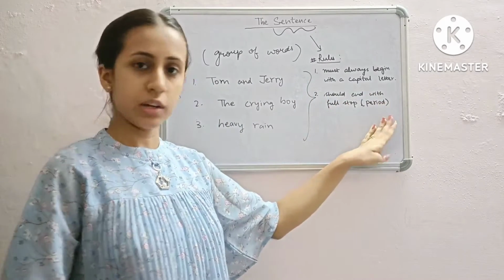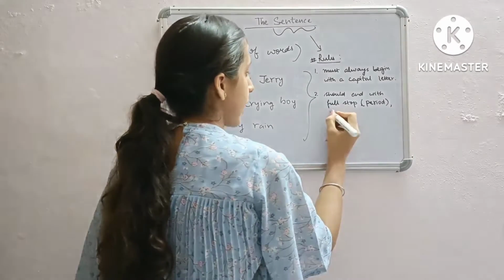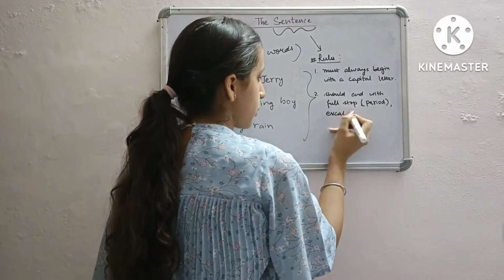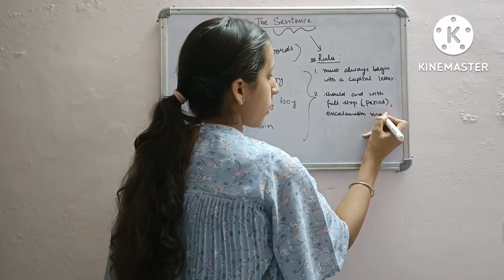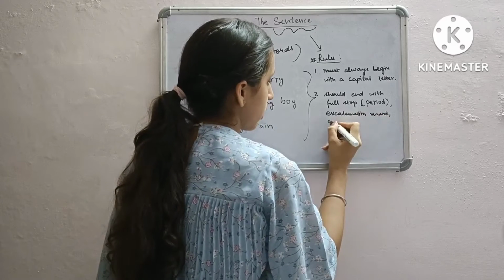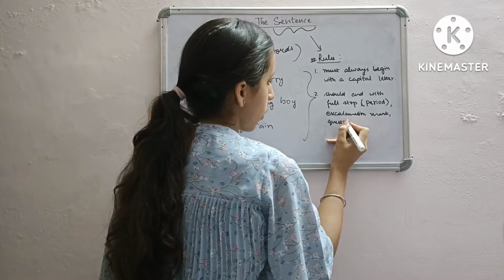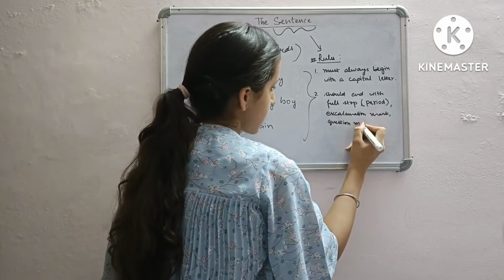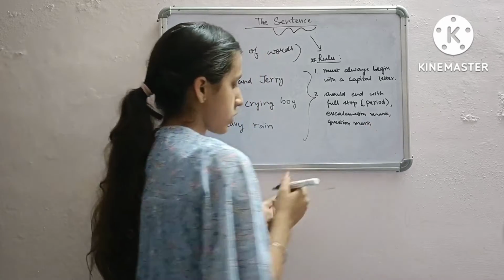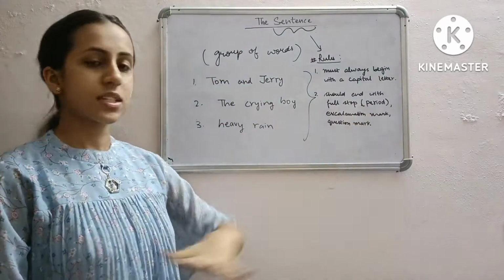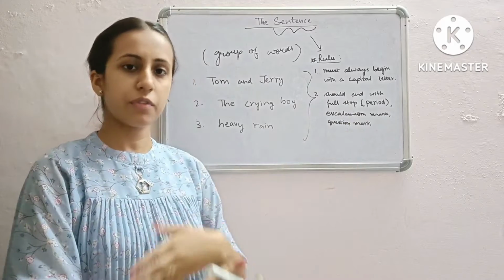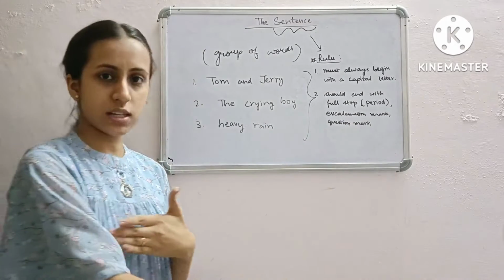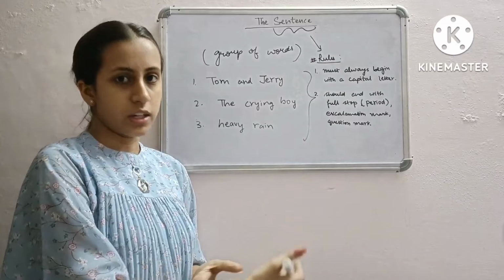Or it should end with an exclamation mark, or a question mark. It's the sentence's wish how it wants to end. We'll discuss the exclamation mark, question mark and full stop in brief right now, and in full detail later on.